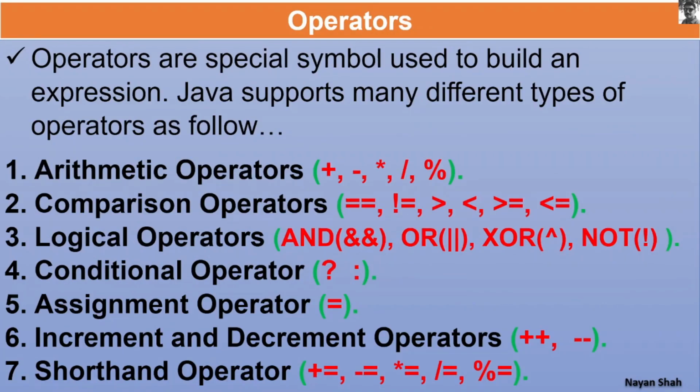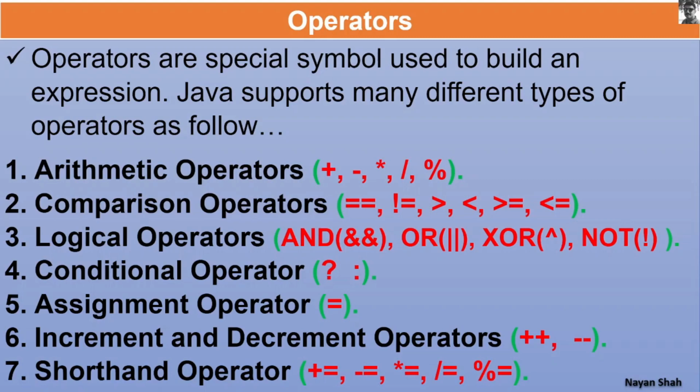Now operators. One of the most interesting topics of chapter 7 is operators. Operators are special symbols used to build an expression. Java supports many different types of operators as follows, and we are going to discuss all these 7 types in detail.